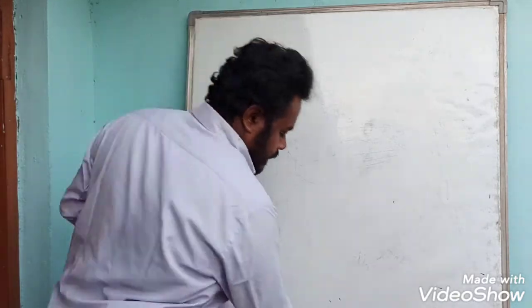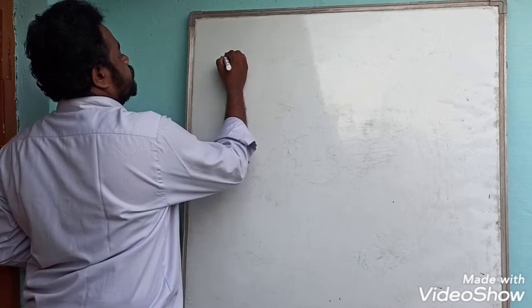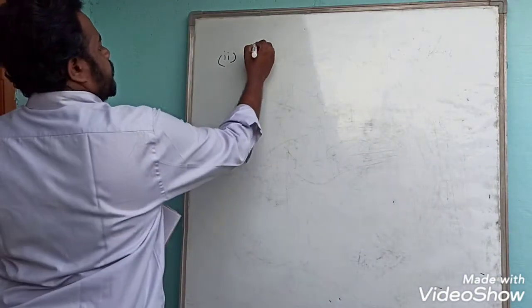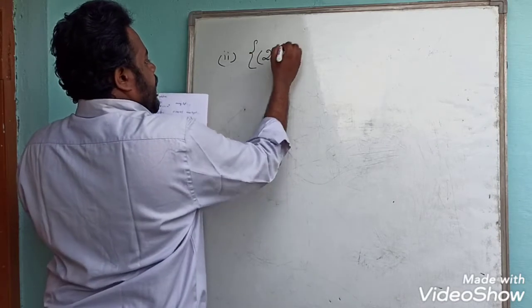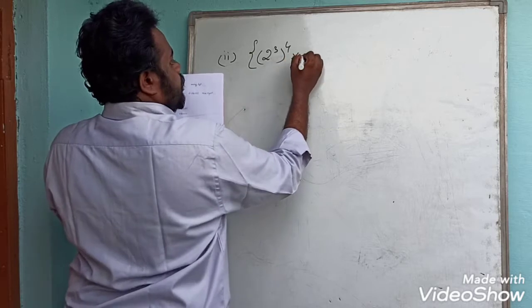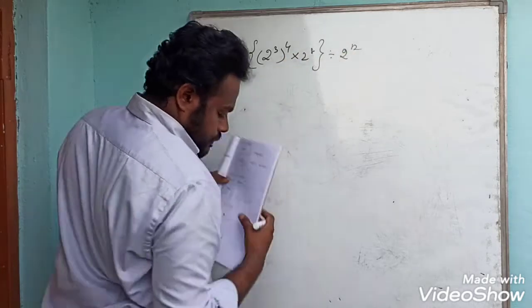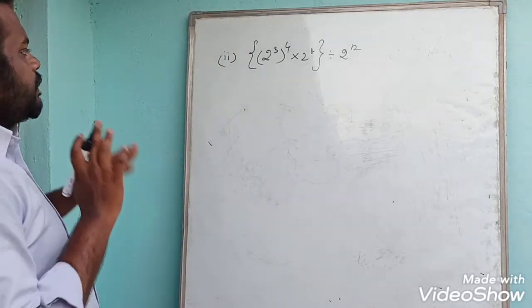And then I take the second question. So we have to use some brackets: 2 to the power 8, and divided by 2 to the power 12. So here there is no change. All should be in the same base 2.